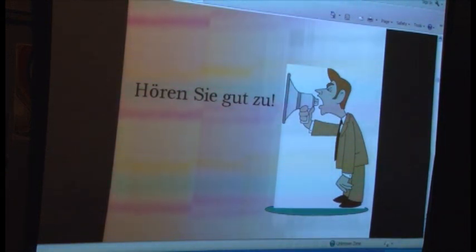I hope you got to it. It's because in English you have one form of you, and in German we have 3 forms of you. We have du, informal singular. We have ihr, informal plural, and Sie, the formal one. Hören Sie gut zu.